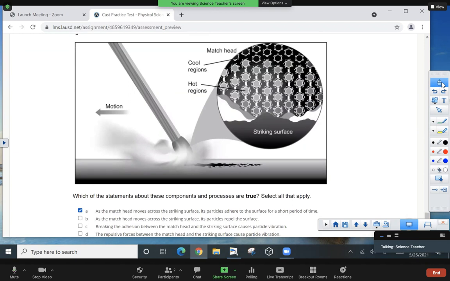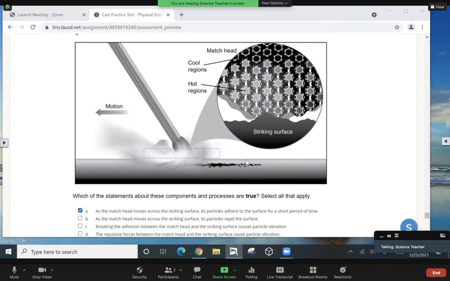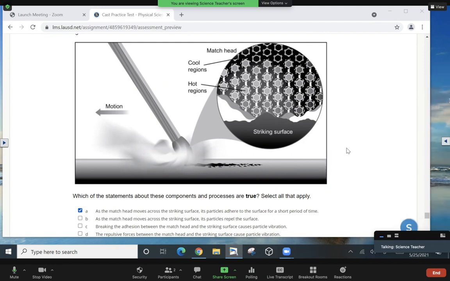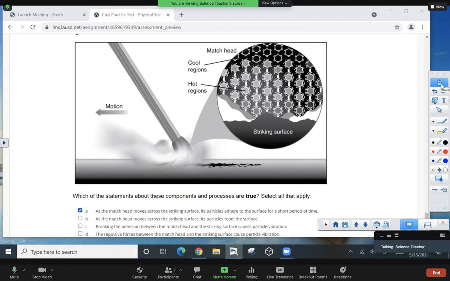That's why it's hard to bring up the idea of repelling and attraction. And even when we look at matches, we don't see them attracting or repelling each other. This is mainly by actions of what we do ourselves. So I can't say that the third one is correct.